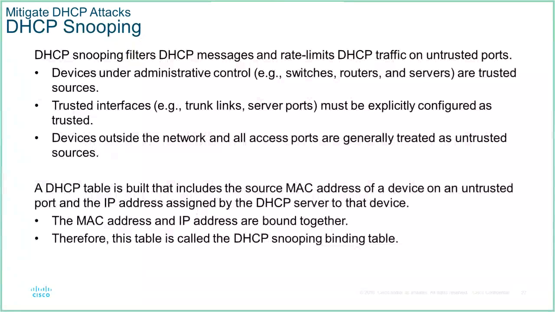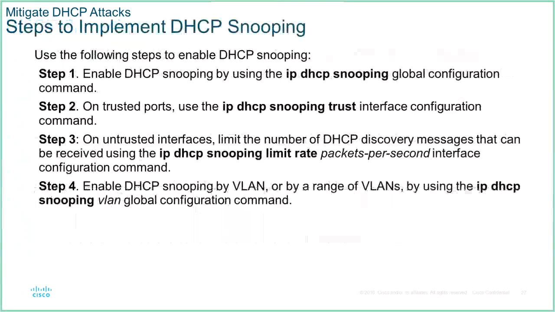Now you can do this in many different ways, but the most common way of doing it is just enabling the snooping in global config and then going into the ports and saying this is a trusted port.